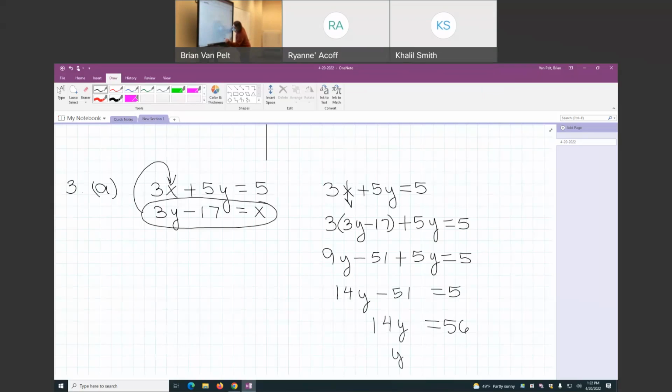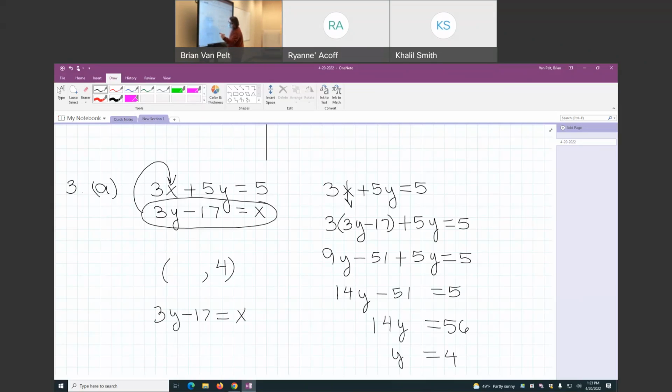5y = 14, y is equal to 4. That's right, so that was the easy one, so I got my 4. What goes in that spot? But you already have that 3y minus 17 equals x.